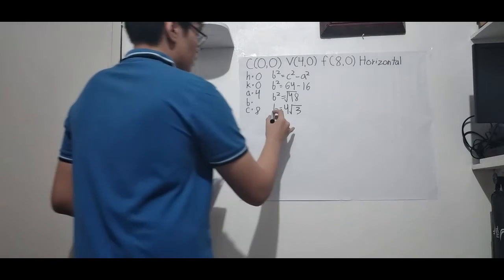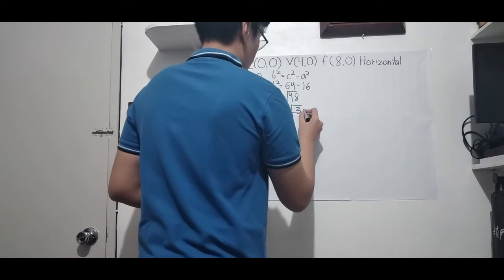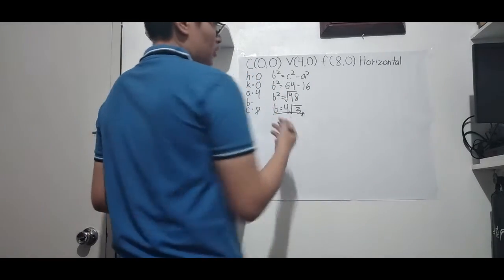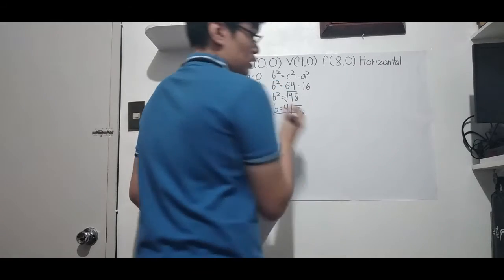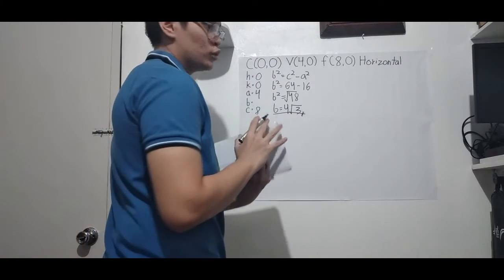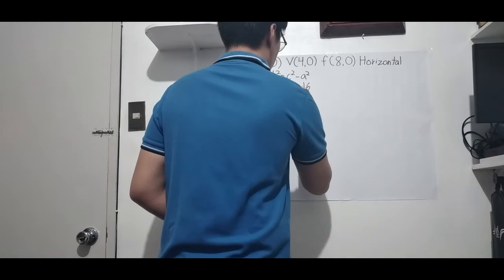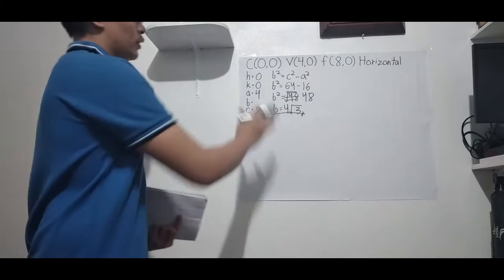So this is your value of b, but the value of b squared is 48. I'm just going to erase this, just to be clear. So b squared would equal 48.